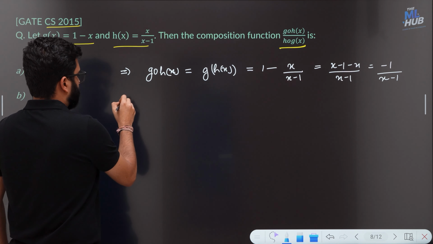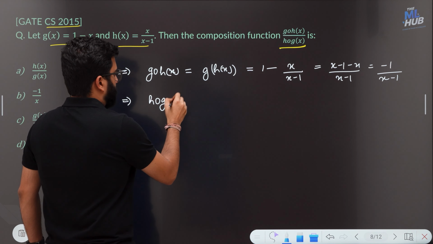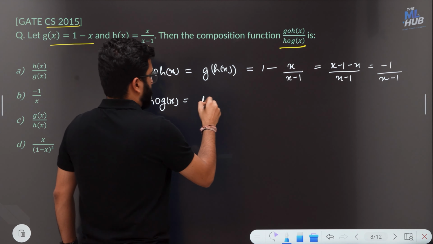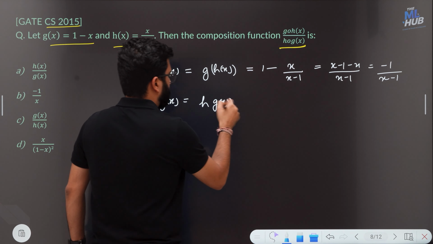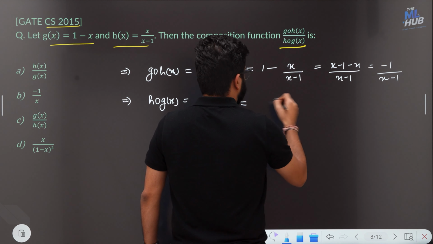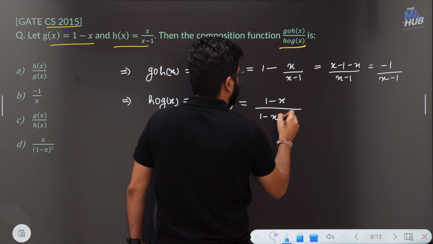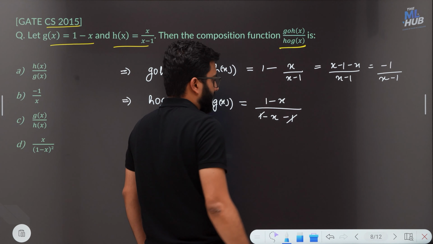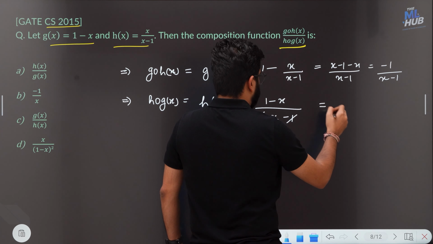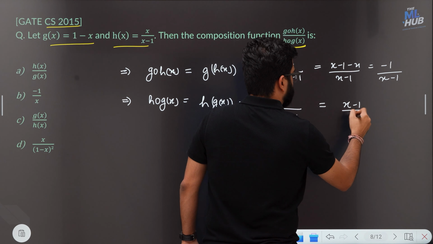Similarly, we can simplify for h of g, which is h of gx, x divided by x minus 1. So it will be 1 minus x divided by 1 minus x minus 1. This 1 and 1 will be cancelled. So it will be x minus 1 by x.